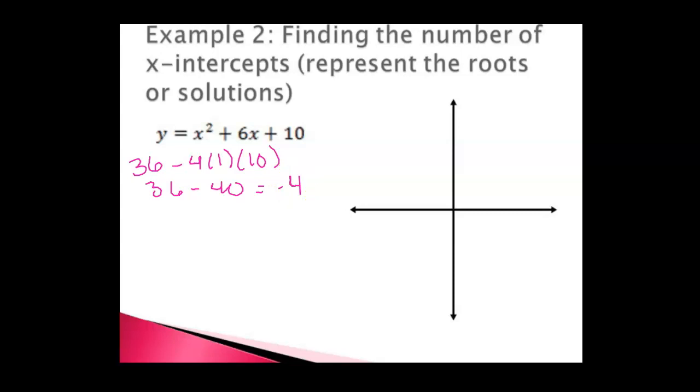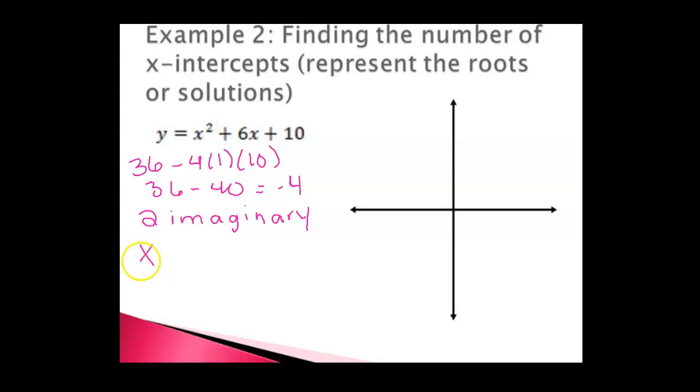That value is negative. Therefore, I have two imaginary solutions, which means this graph does not cross the x-axis.